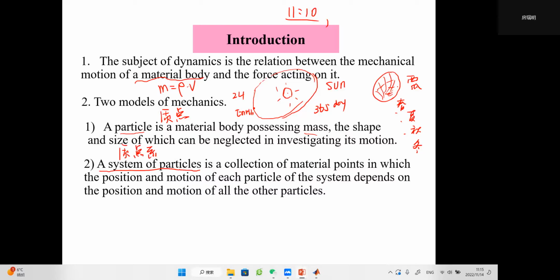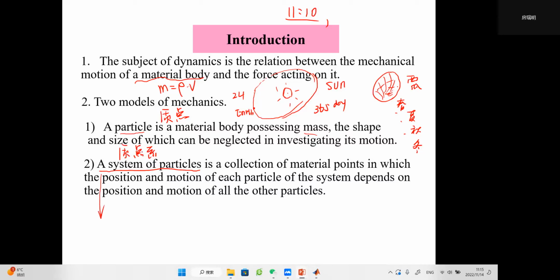So a system of particles is the collection of material points in which the position and the motion of each particle of the system depend on the position and motion of all the other particles. Then we have another important thing.